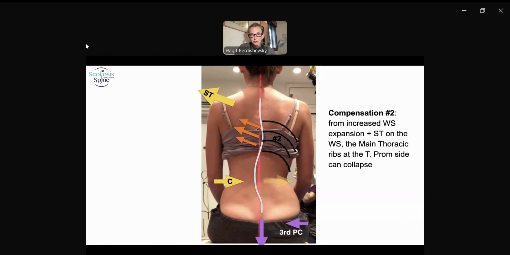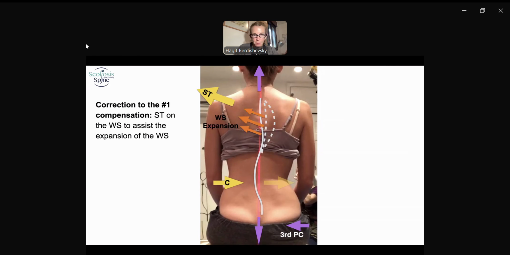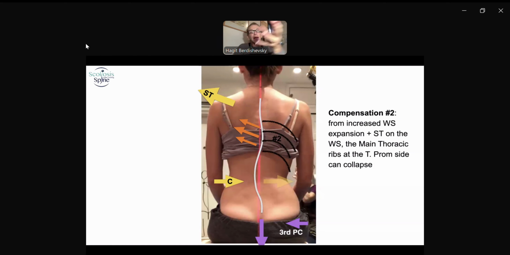So that's number 2. After correcting compensation number 1, thoracic going to the right, then if I do too much thoracic to the left, I see ribs are falling.